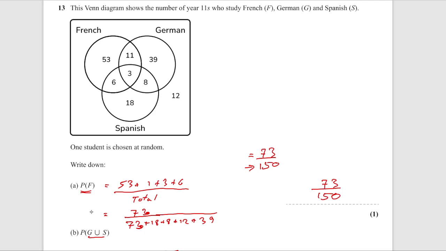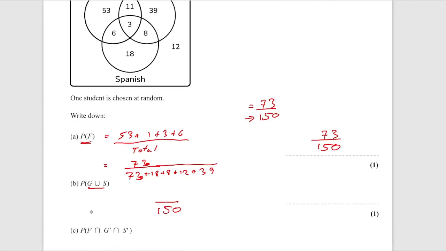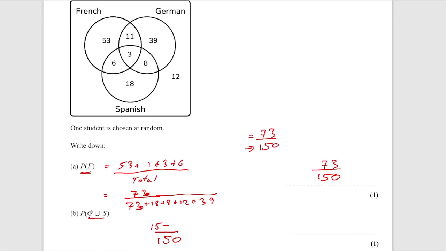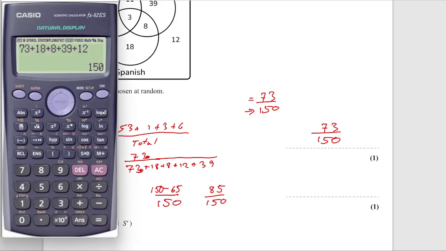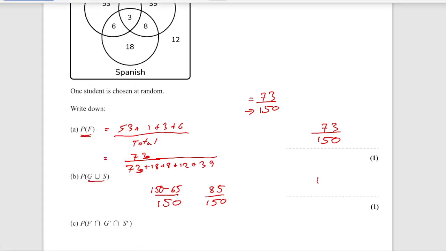I'm going to do it in a slightly easier way, so it's going to be 150 minus the people that are not in the union, which is just going to be 53 plus 12, so that's going to be 65. So that's going to be 85 out of 150, which we can cancel down. 85 out of 150, 17 out of 30.